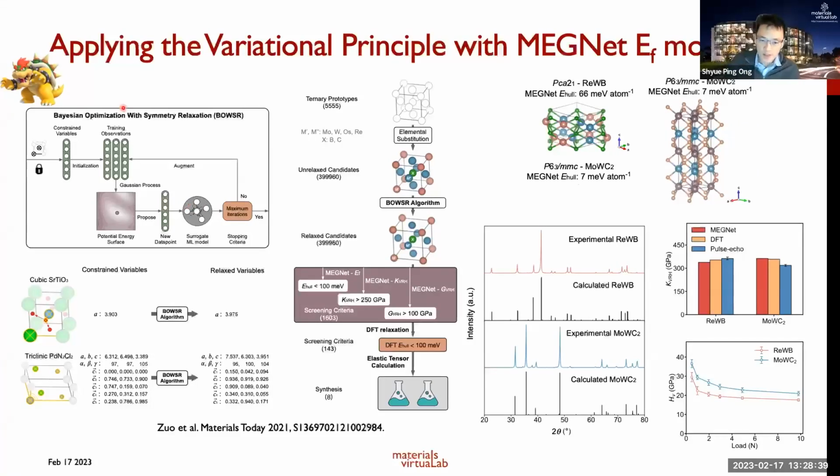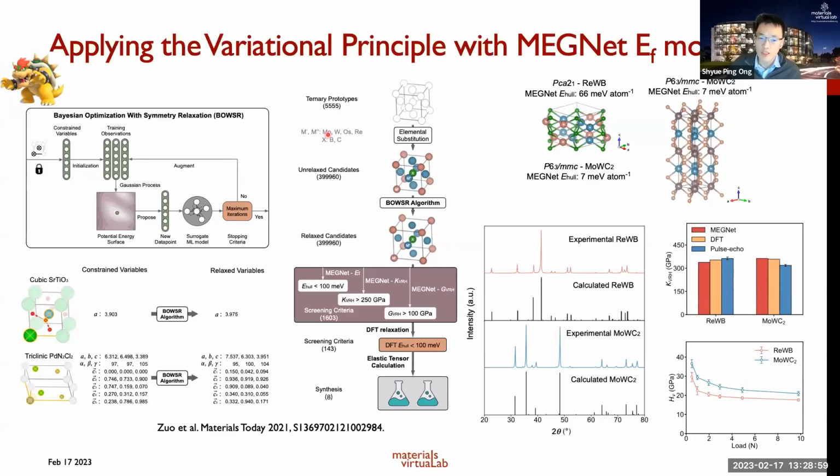Okay. Now, we actually tried to use this approach in a materials design problem. We were trying to look for ultra incompressible hard materials. The way that we did this was to take about 5,000 structural prototypes and do a combinatorial elemental substitution.